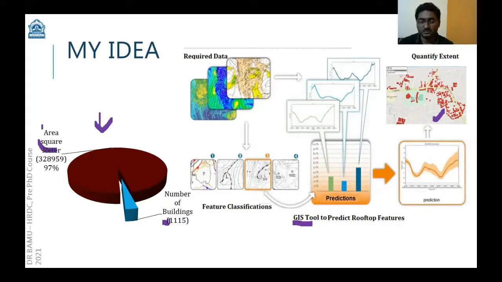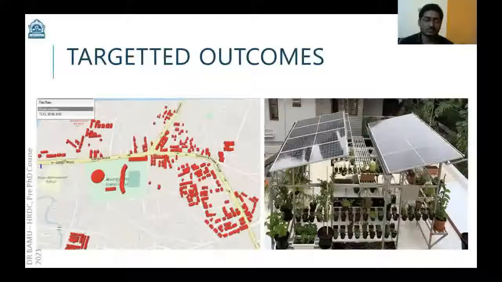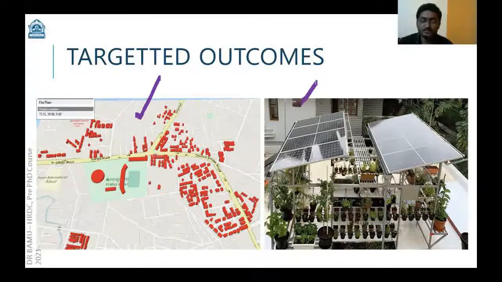For this pilot project, I did this study and found this number of buildings and how much area is available. Our targeted outcome is the building and area, and once we know that area, there is a lot of available space and more benefit from such practices.